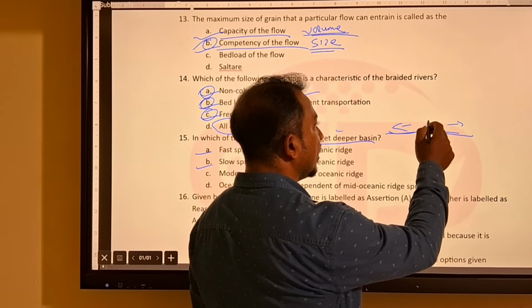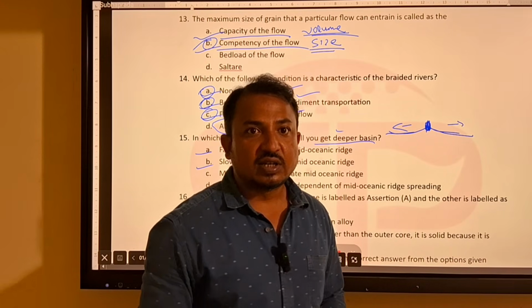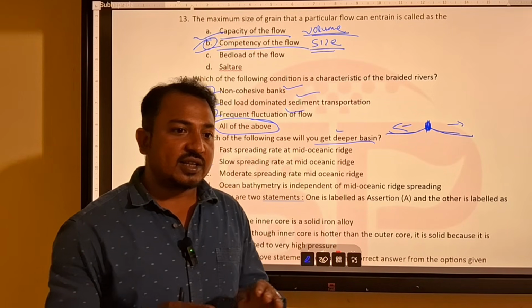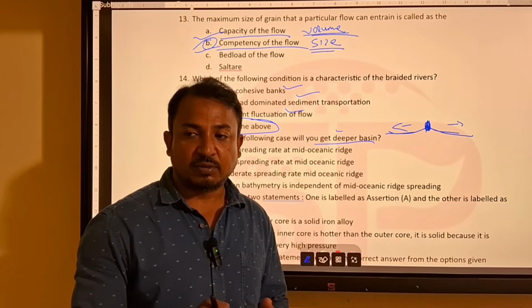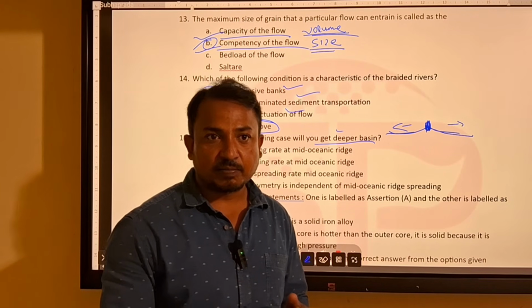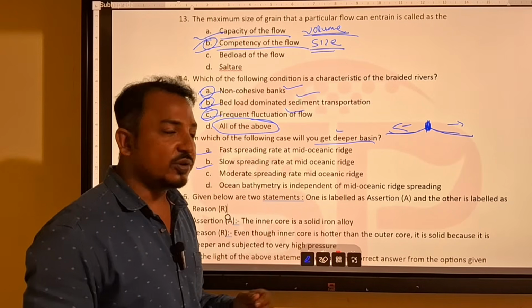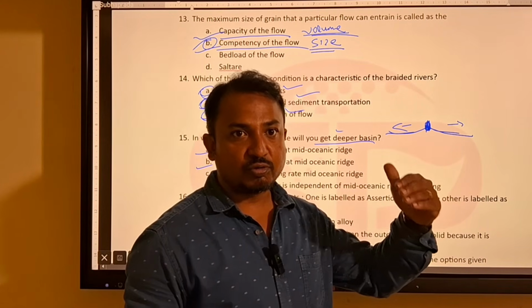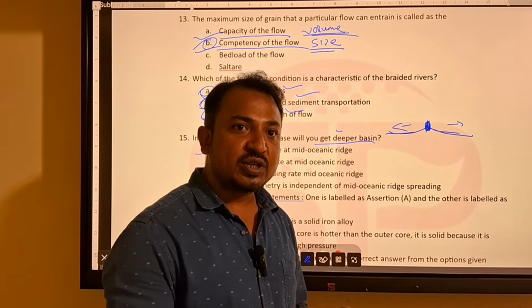there will be less formation of new oceanic crust, and because of slow spreading, they become cooler and denser earlier than at a faster spreading rate. So they get more time to become cooler and denser. Because of being denser, they subside more.